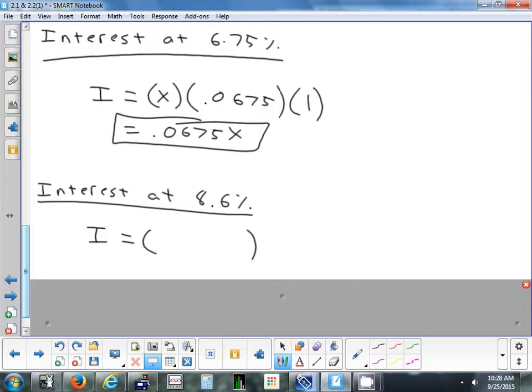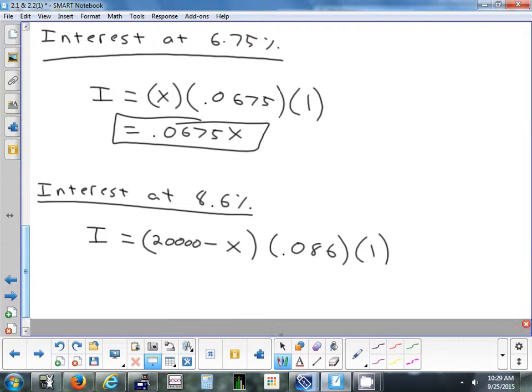Well, if he started with $20,000 and he's already invested X of it, for the other investment, he has $20,000 minus X. So if he invests $5,000 at 6.75%, that would leave him with $15,000 at 8.6. So there's my principal. My rate is 0.086. Again, my time is 1 year.